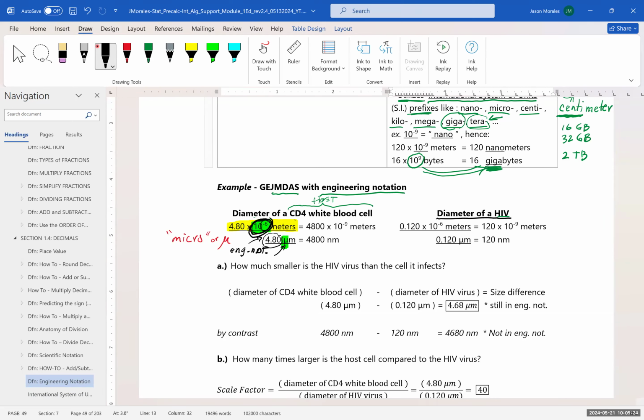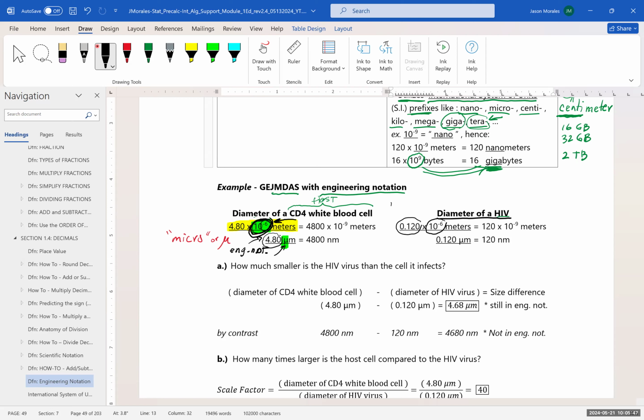Because the diameter of the white blood cell was in 10 to the minus 6 units, we're going to want to do that here as well. So when we convert 10 to the minus 7 to 10 to the minus 6, that changes the value of A to be 0.120.